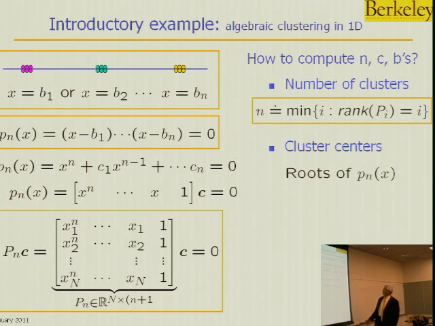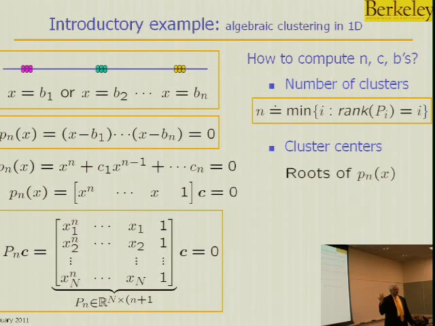After you're done with this, once you stop, you have a null space. Take the coefficients of the null space. That gives you the polynomial P. Compute the roots of the polynomial. How do you numerically compute the roots of a polynomial? Any guesses? There is a MATLAB function, but what does the MATLAB function do?